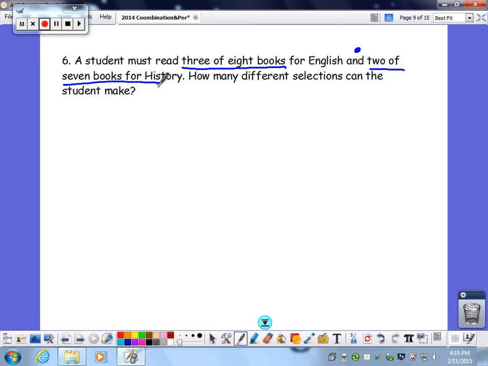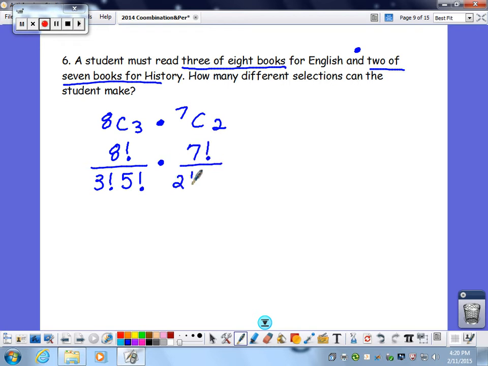So I'm going to have 8 choose 3 and 7 choose 2. Let's do the formula twice. I've got 8 factorial over 3 factorial times 5 factorial. Remember the difference, 8 minus 3 is 5, times 7 factorial over 2 factorial times 5 factorial, since 7 minus 2 is 5.